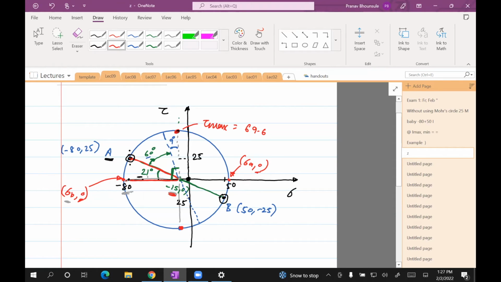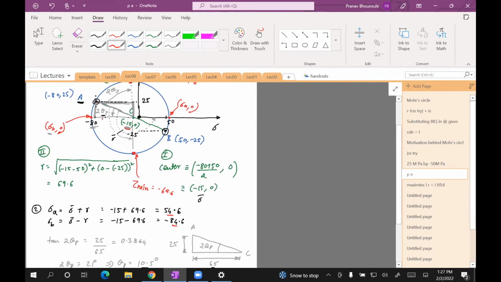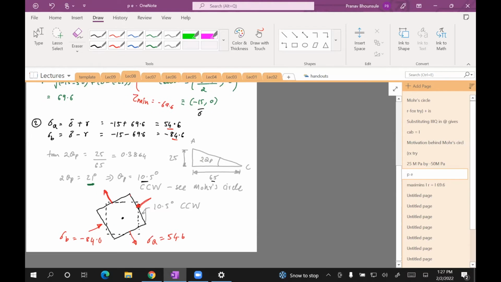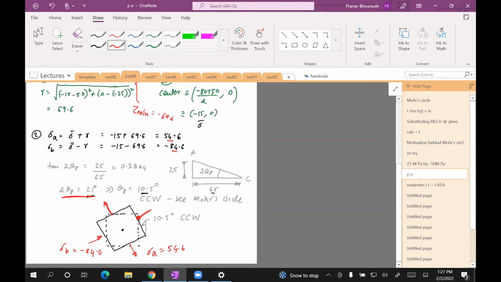We had done this in the previous class, where we had to find the angle made by the face A with the principal direction. That was a calculation we did last time. So that is this angle, theta p, which was computed using trigonometry. So by trig, you get 21 degrees for theta p, and I just used that.